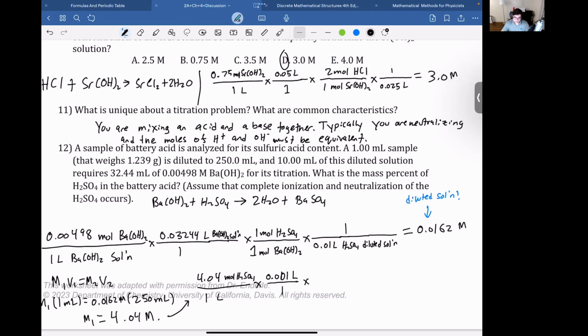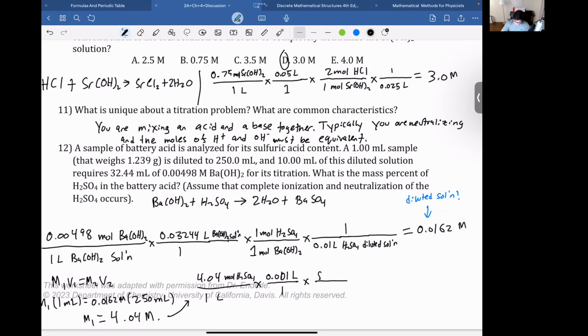So now I have moles of H2SO4, and I want to convert this to grams. I'm going to use the molar mass of H2SO4. And you're going to say, well, why? Because if I want to find mass percent, I have to find the percent contributed, just like we did for previous problems. Mass contributed by sulfuric acid divided by the total mass of whatever it is. So it's about 98, 98.1.